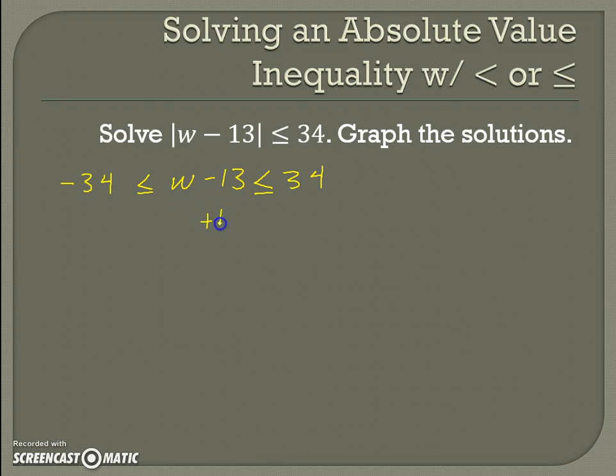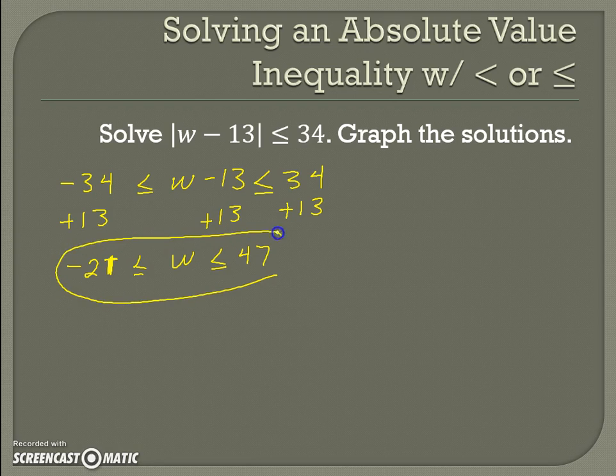I would add 13, but remember I have 3 things that I have to keep balanced, so I need to add 13 to all of these values. This is negative 21, less than or equal to W is less than or equal to 47. Okay, so right there is the solution.